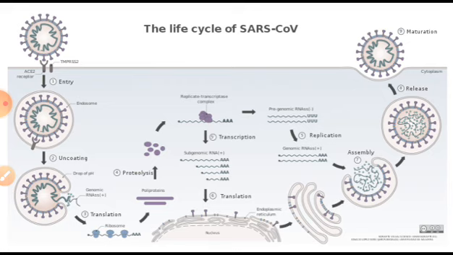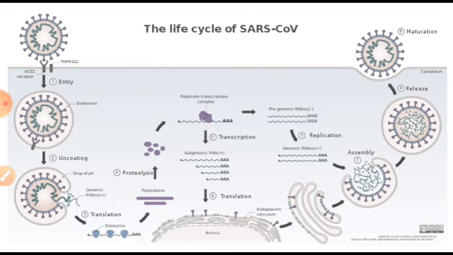After that, it will go into the translation process. You know very well what the translation process is. Then, when it uses its RNA for protein synthesis, that is a process of transcription. Sometimes it takes the process of transcription, then again translation, and then it makes the various viral proteins.